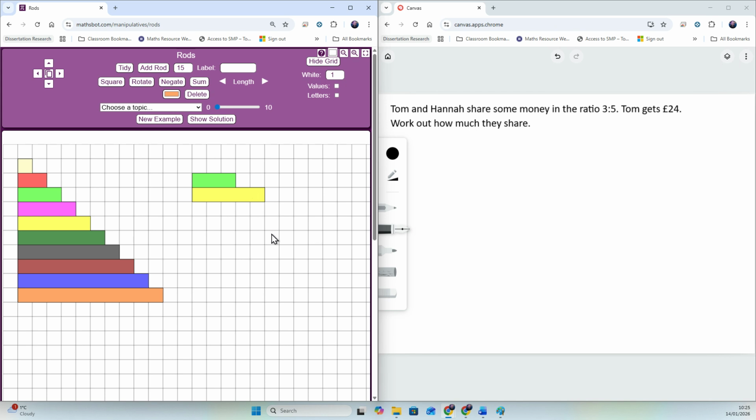But what I'd be looking for in this case is for pupils to be telling me, well, this is 5/3 the size of that. Yeah, to get from here to here, I'm going to multiply by 5/3. Or alternatively, and equally as good, well, 24 is 8 times bigger than 3.